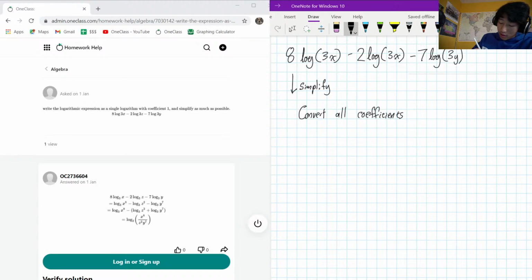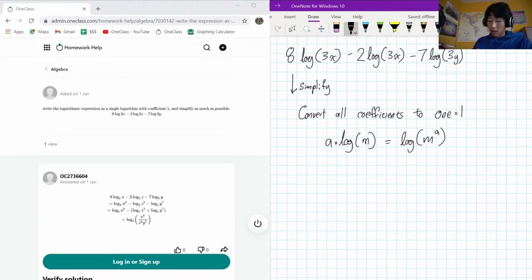How we can do that is, let's say we have a times log of m. We could rewrite this as log m to the power of a. So we can move those coefficients into the powers of the argument, and this will help us eliminate all the coefficients in here.